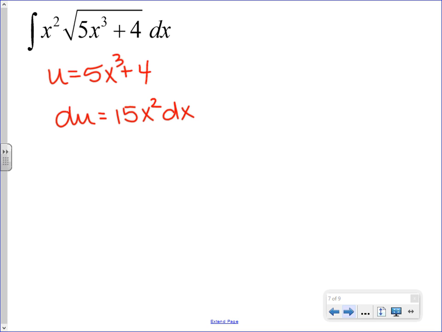We have x squared dx, but we don't have the 15. So this is what we can do. We can divide the 15 over to the other side. So 1 over 15 du is the same thing as x squared dx. Now I have a substitution that I can make.